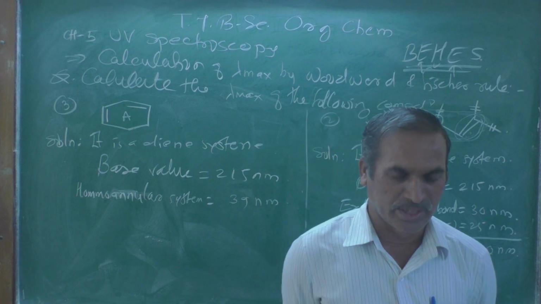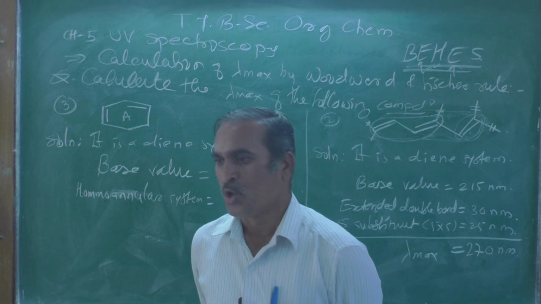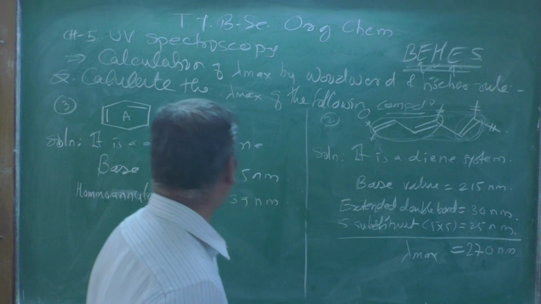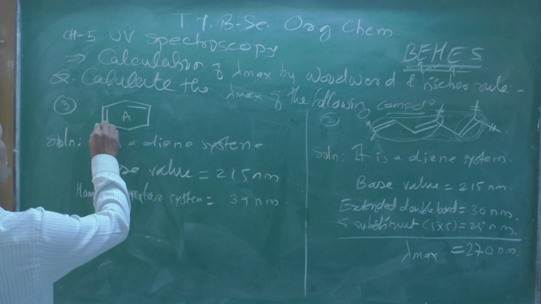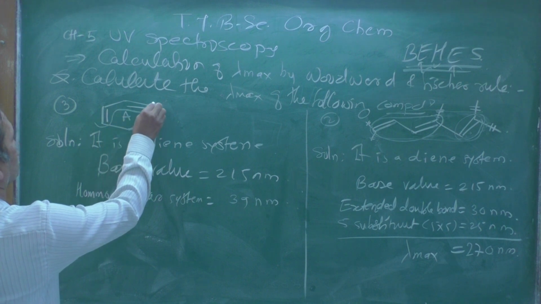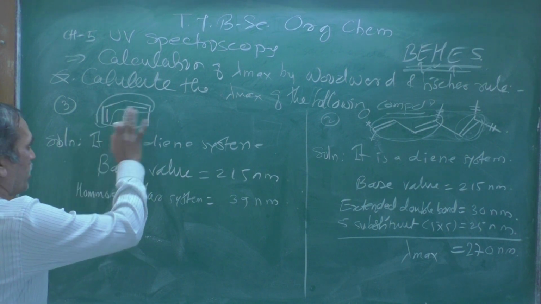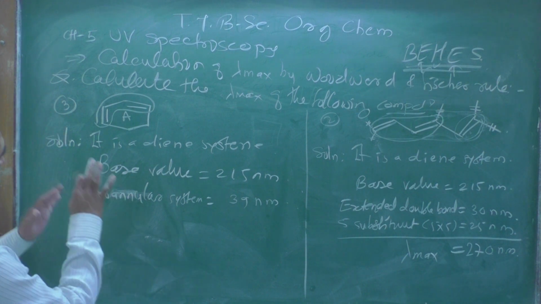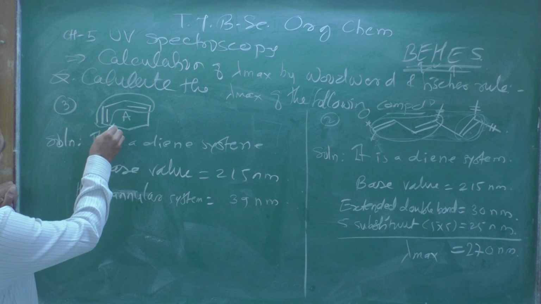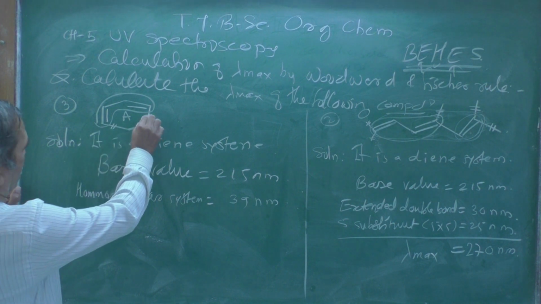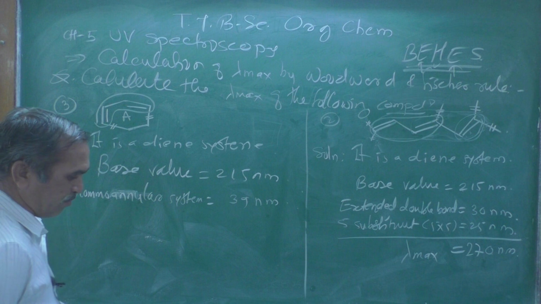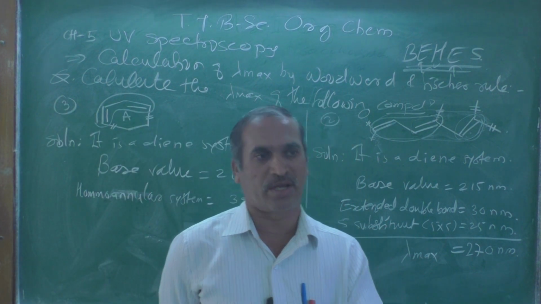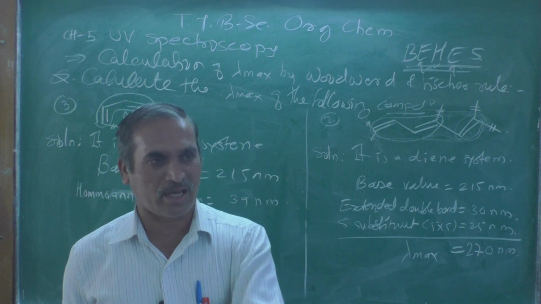Most of the students get confused while counting the number of substituents. In this case, we know that it is a diene system. We have marked it like this or circled it like this, and outside here is one ring residue. Here also is another ring residue, means there are 2 alkyl substituents, or it is termed as a ring residue.